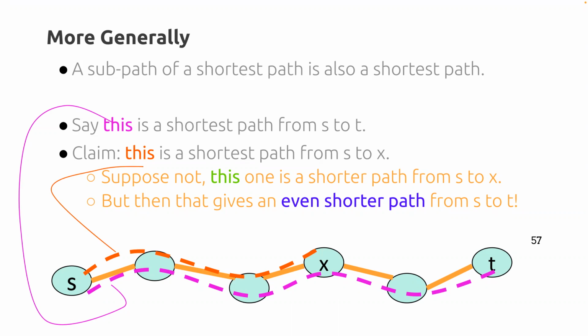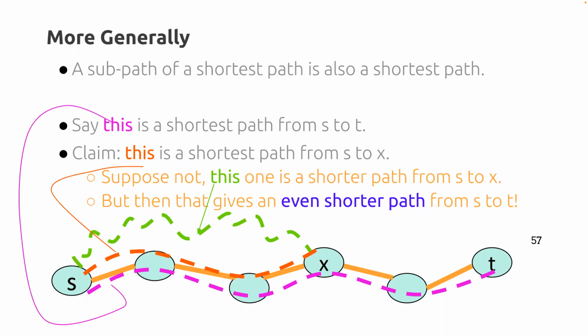Okay, why? Why are subpaths of shortest paths also shortest paths themselves? Yeah. Suppose that there's another path that is actually shorter from S to X, right?